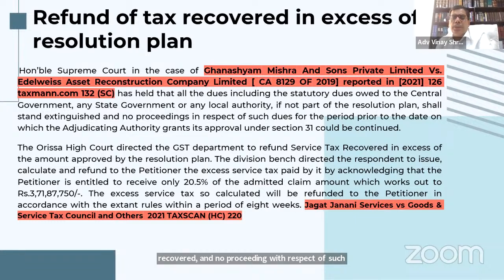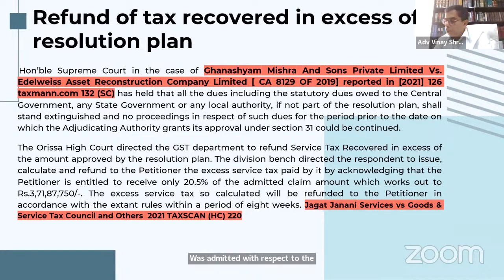Now, in the backdrop of this Honorable Supreme Court judgment, an issue arose before the Honorable Odisha High Court, where a show-cause notice was issued and the tax was recovered in pursuance of it, but subsequently that company went before the NCLT in a resolution process, and only 20.5% of the claim was admitted with respect to the service tax amount.